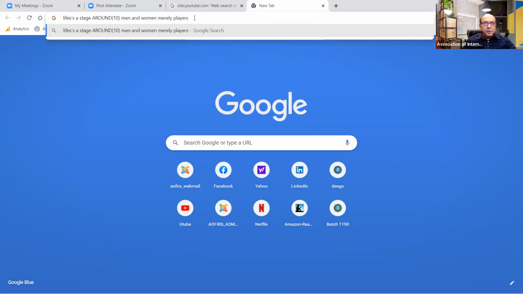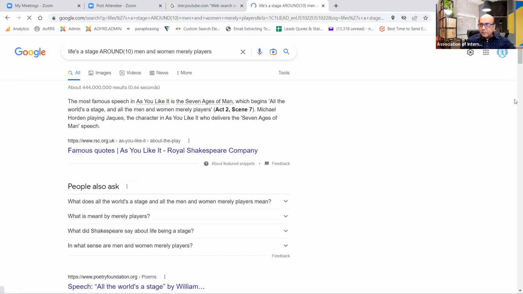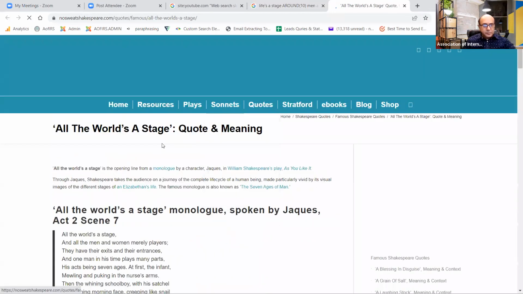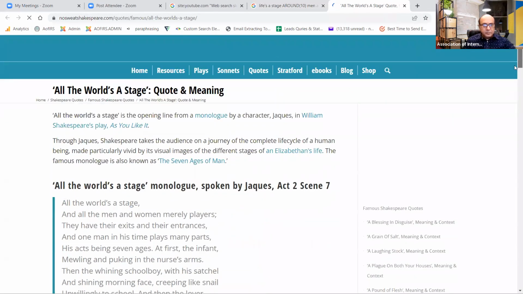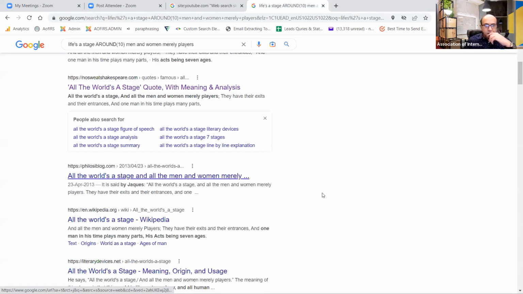Men and women merely players around 10. I guess I just have to go and check with it. Disable my ad blocker? No. Don't want to do that.